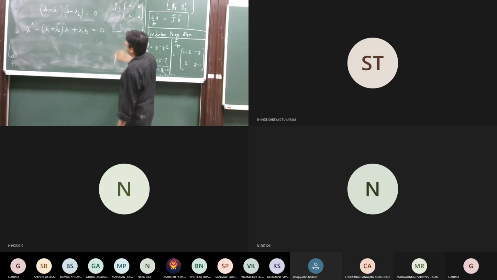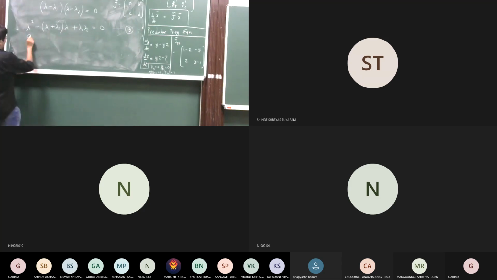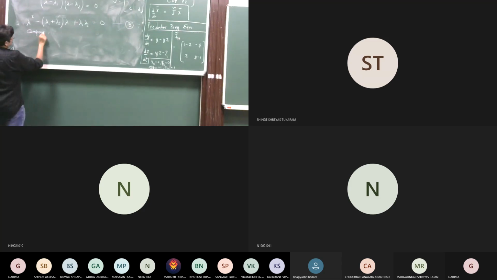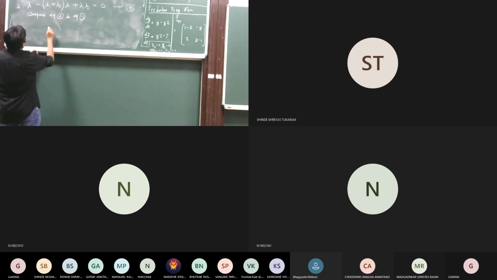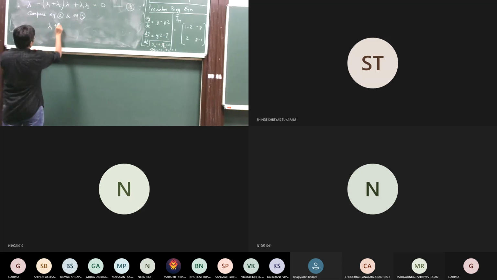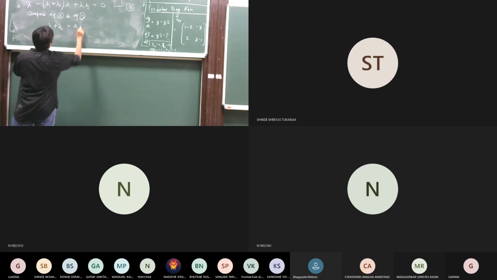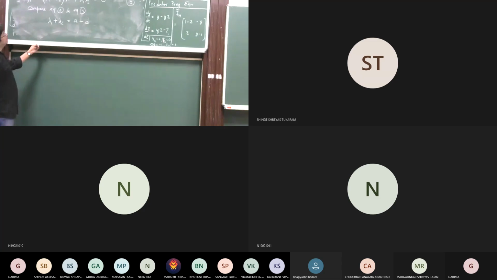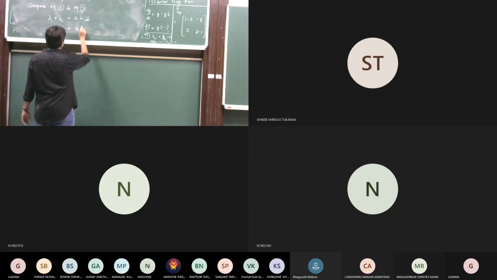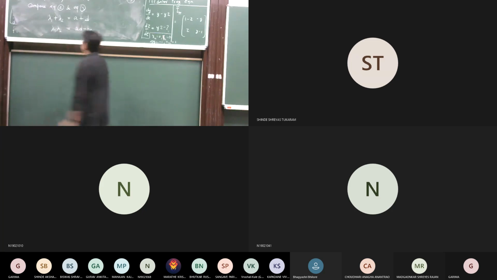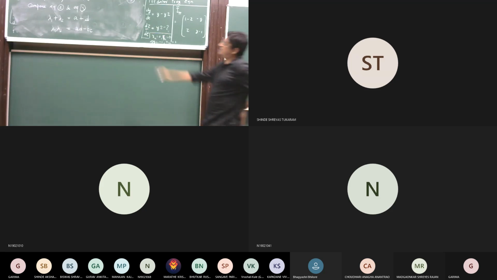If you immediately compare equation 2 and equation 3, then what you immediately see is that lambda 1 plus lambda 2 has to be a plus d, and the product of the roots has to be ad minus bc. I hope it is clear.